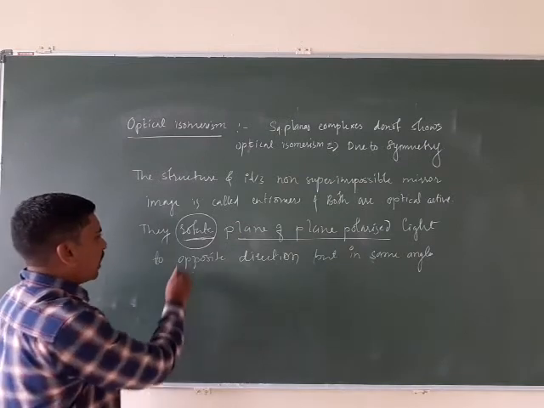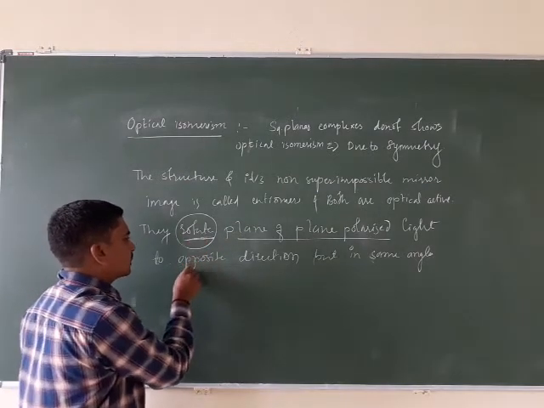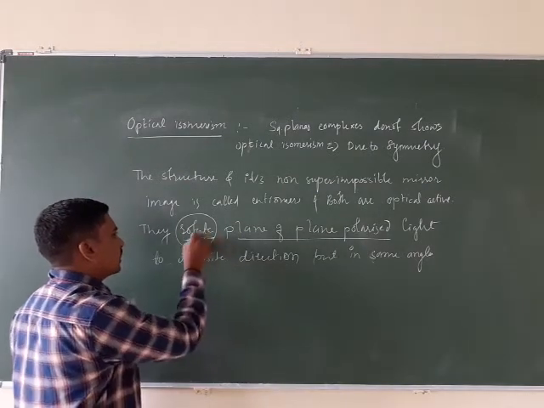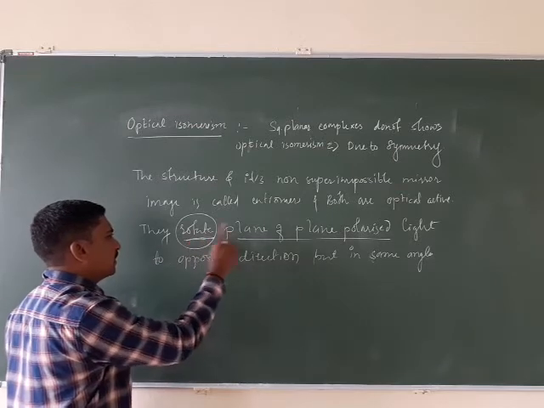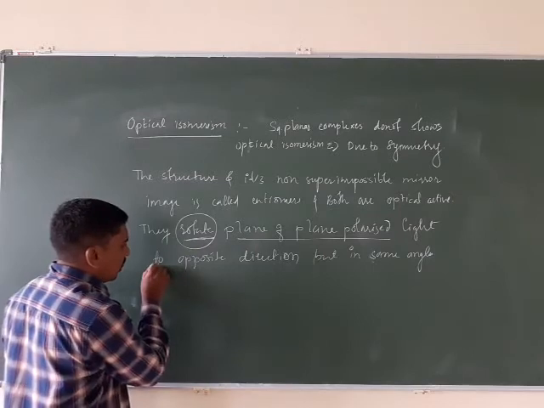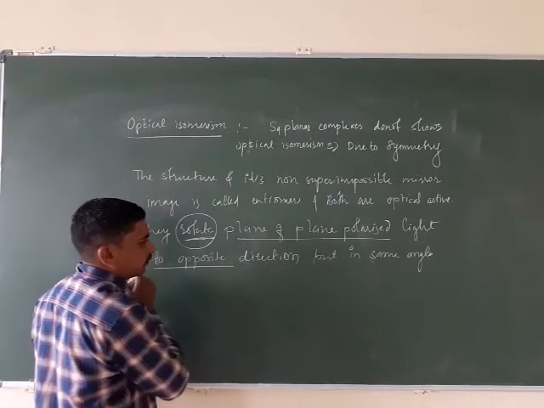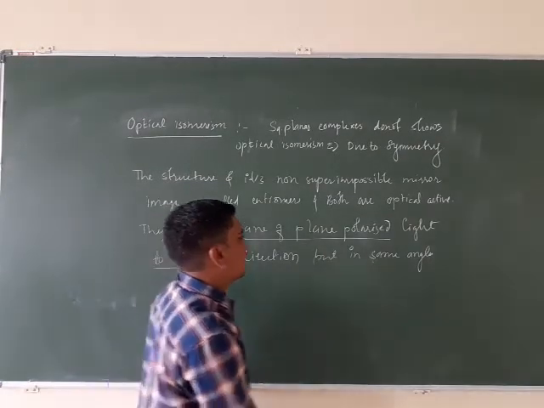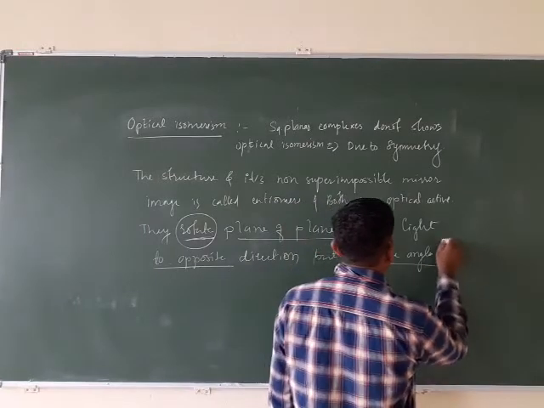But how do they rotate? If you draw a structure and its mirror image, they rotate plane polarized light in exactly opposite directions, but with the same angle.